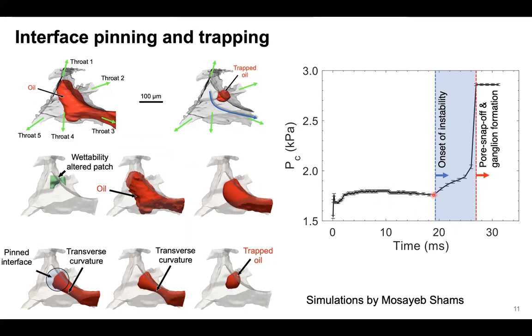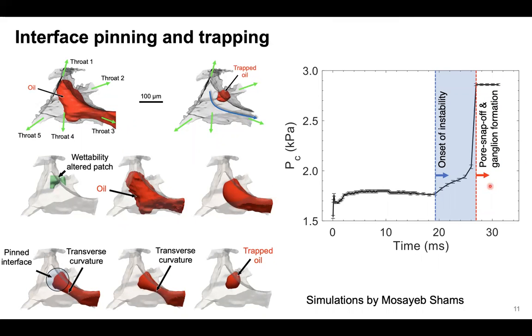The pressure quickly starts to rise here. At this point you start to see transfer curvature, the interfaces move the other way around, and this radius starts to shrink and shrink. That's why we're getting the higher capillary pressure. And then after some time, we get the trapping here, snap-off here.